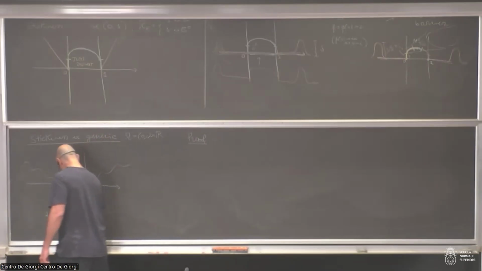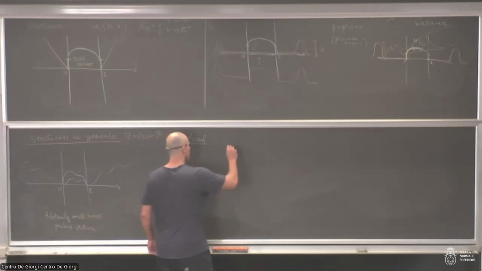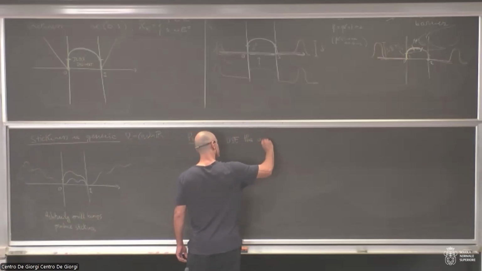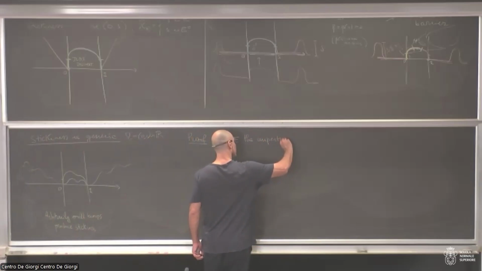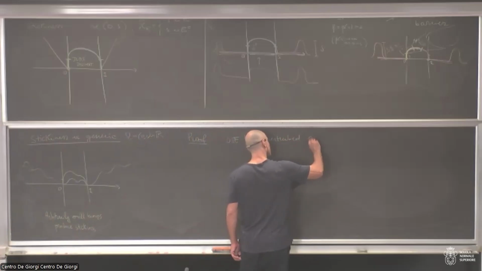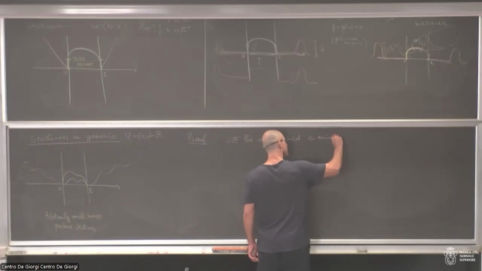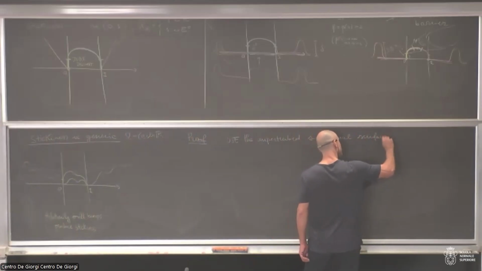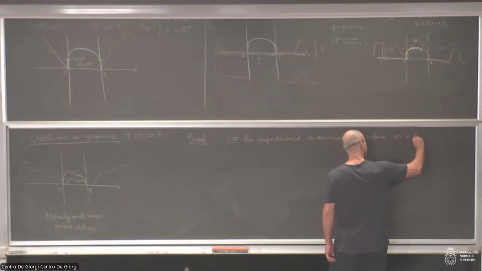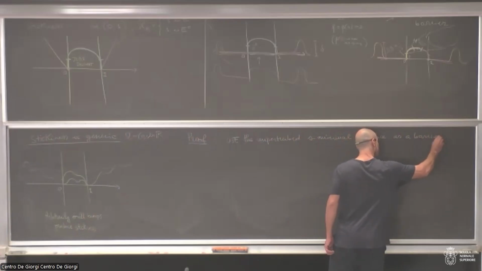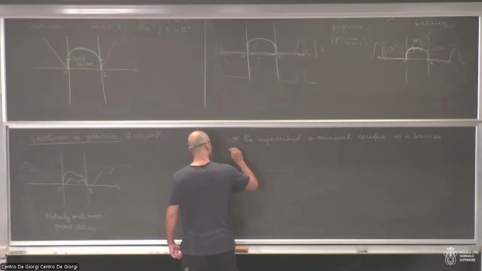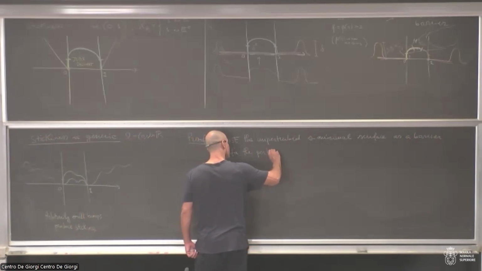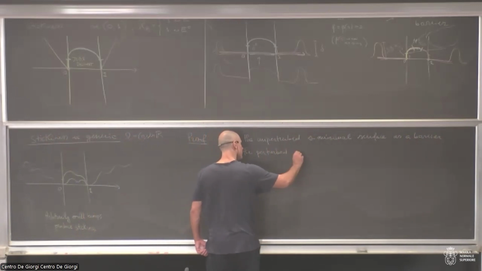So rough idea, use the unperturbed S minimal surface as a barrier for the perturbed case.